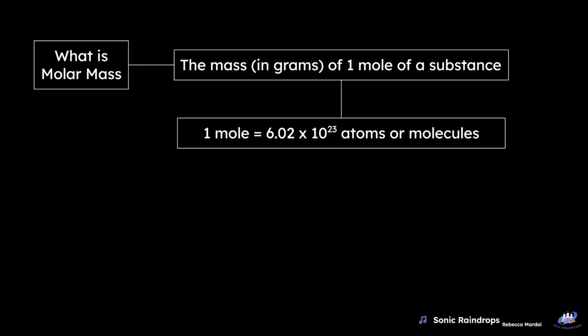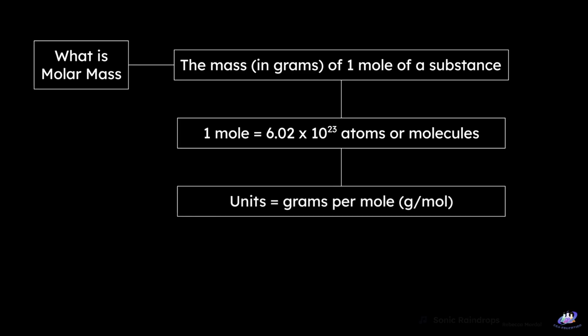If I had a compound, then I would have 6.02 times 10 to the 23rd molecules of that substance. Molar mass is the amount of grams per 1 mole of that substance. So the units we're going to use is grams per mole, or g/mol.